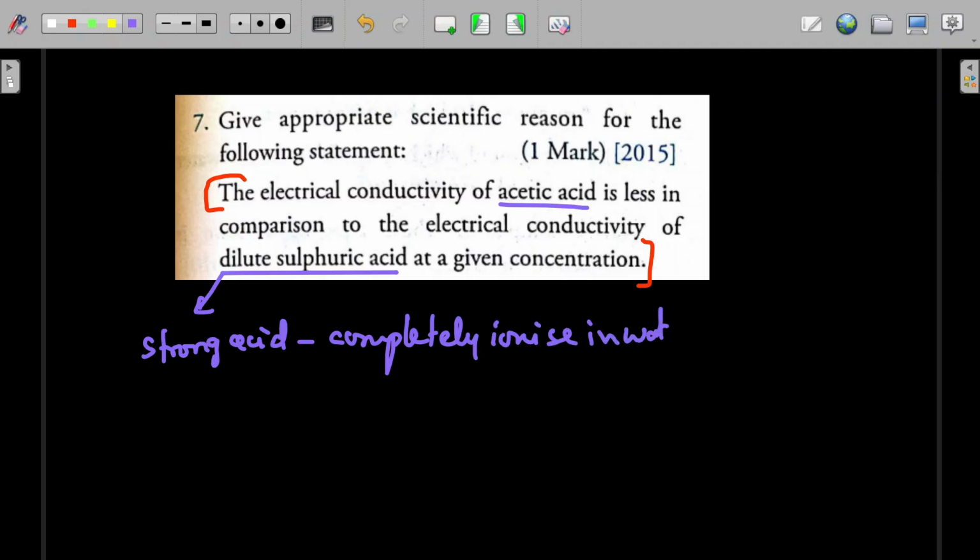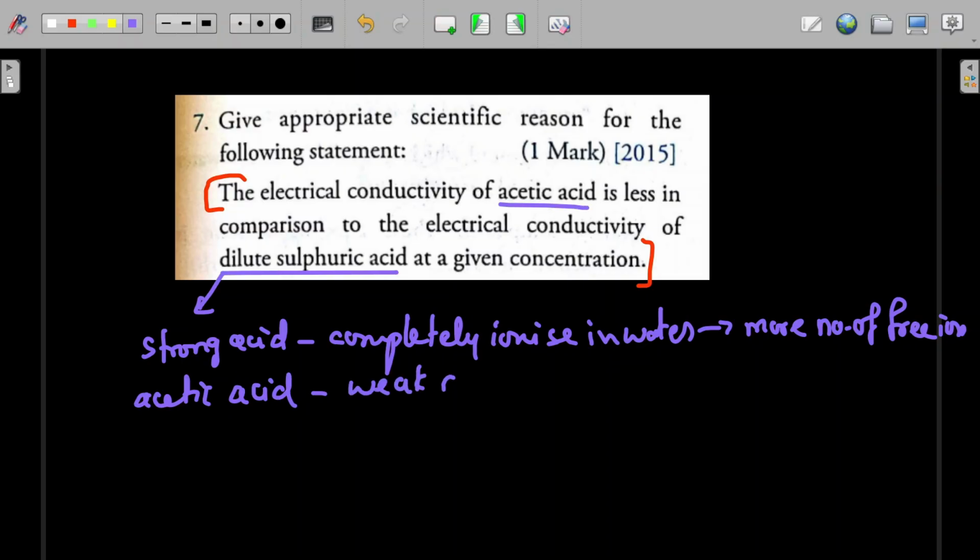When it completely ionizes in water, you will have more free ions, because we are comparing electrical conductivity now. More free ions means more electrical conductivity. Second one, acetic acid, is a weak acid. Weak acid will partially ionize.